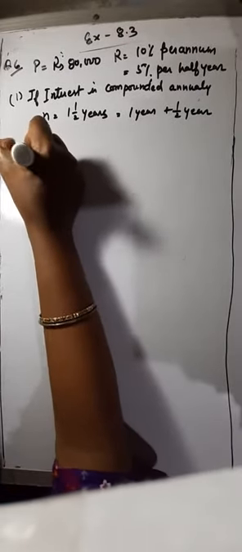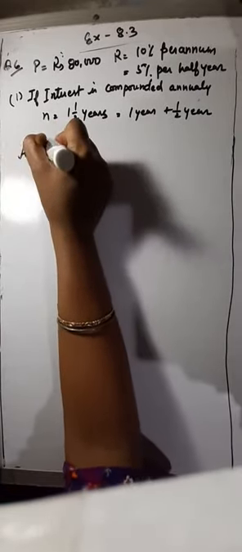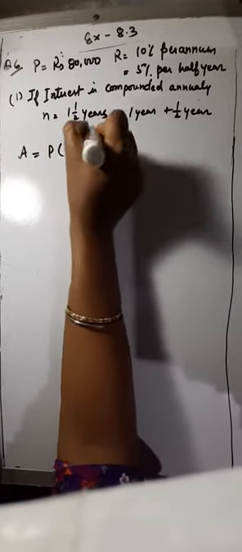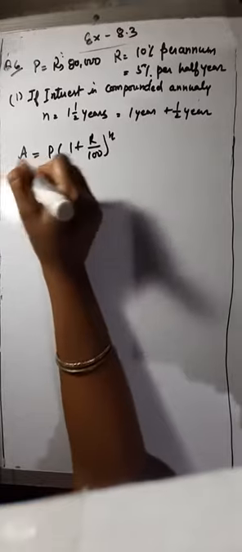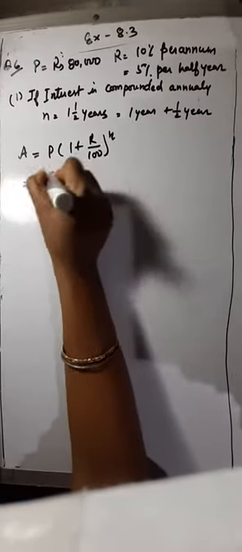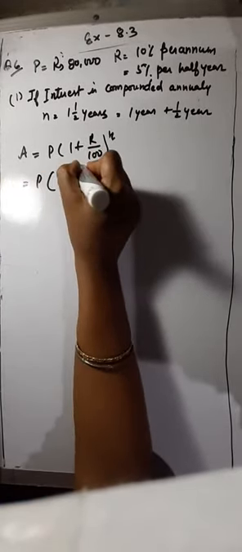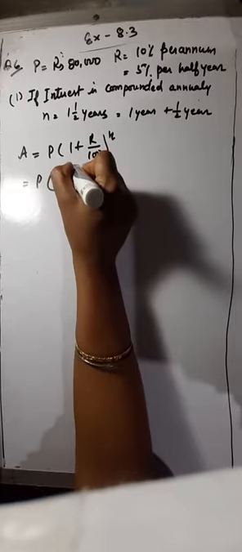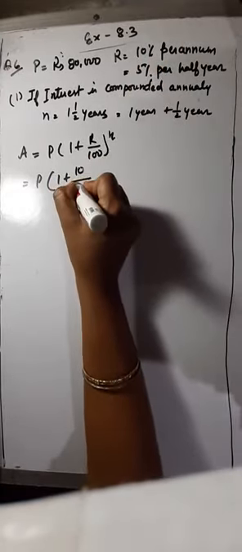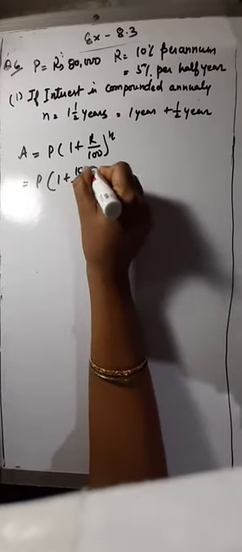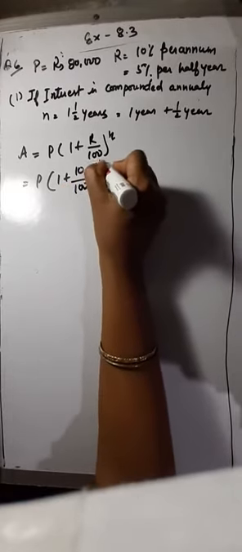So amount is equal to P(1 + R/100)^n is equal to P(1 + rate of interest is 10, because this is compounded annually, 10/100)^1.5.